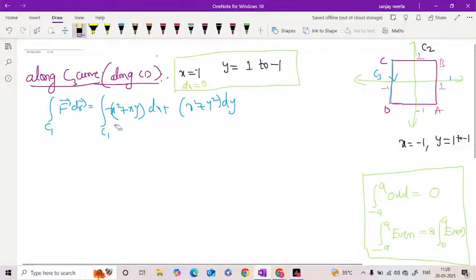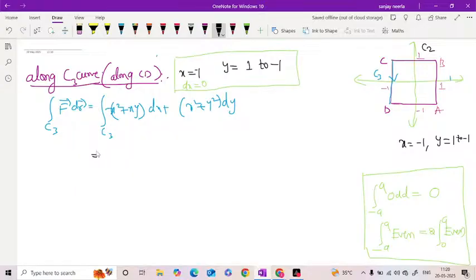Now substitute all the values. Our curve is the C3 curve. Now the integral: the y values are 1 to -1, the x value is -1, so it is 1 plus minus y into 0 plus x square, minus 1 square, plus y square into dy.